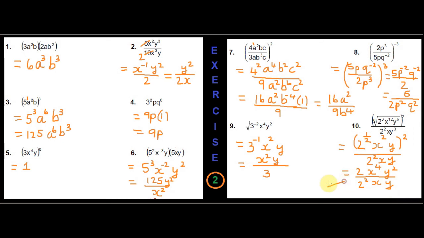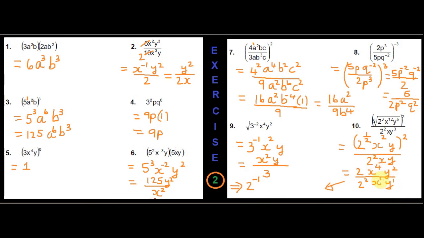I'm going to continue over here. We subtract the powers of the 2's. So it's going to be 2 to the 1 divided by 2 squared is, of course, 2 to the minus 1. Then we have a 1 here that we don't write.